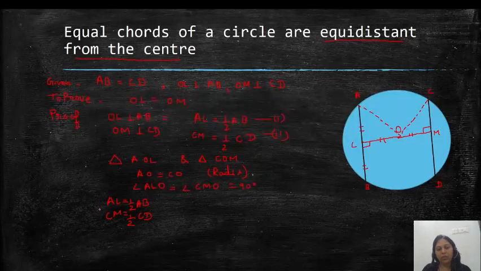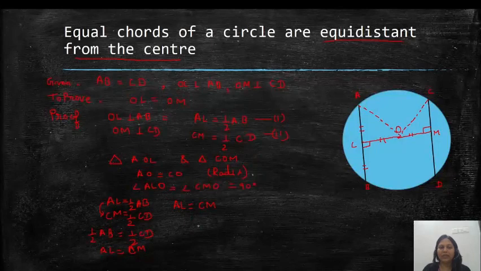We already know that AB is equal to CD, so half of AB is equal to half of CD, right? So AL is equal to CM. Yes. Now we have got our third thing. We'll write it here: AL is equal to CM.